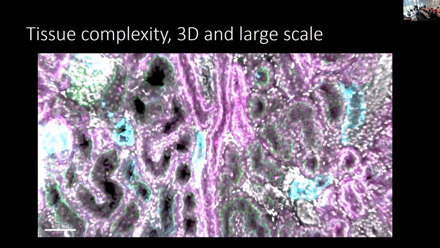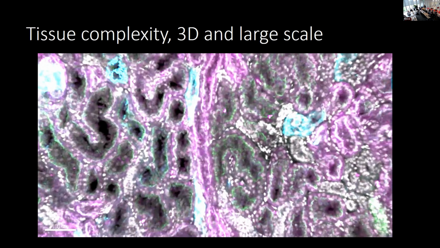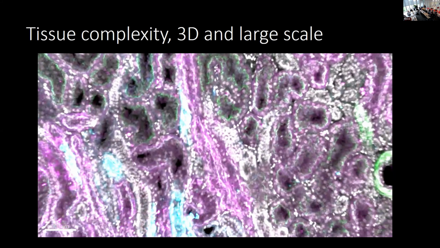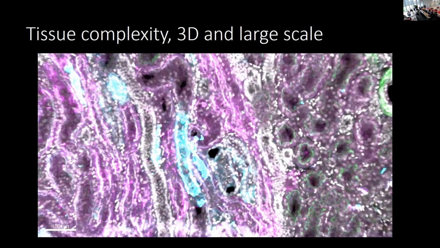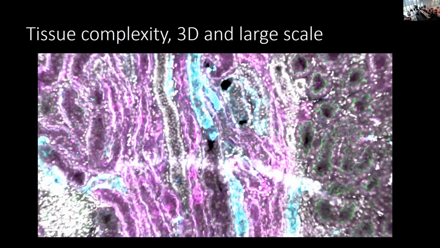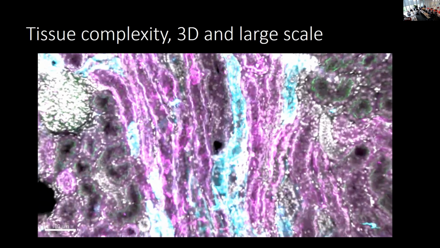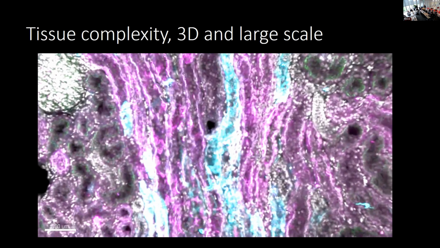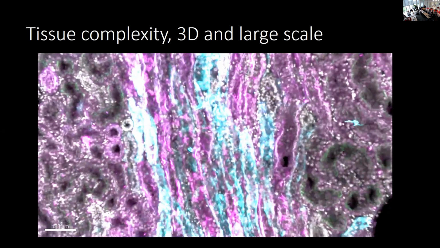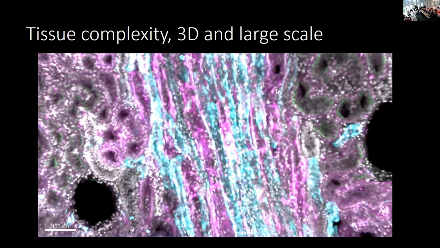This is just a higher resolution view. The quality is a little blown out in our particular view here, but you can get an idea of the resolution. We really have cellular resolution across multiple markers. There goes a glomerulus. We'll zoom back out here. For the sake of time, I'll keep moving us forward. It's beautiful.